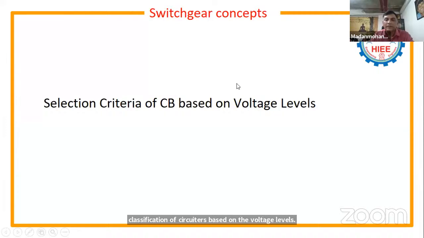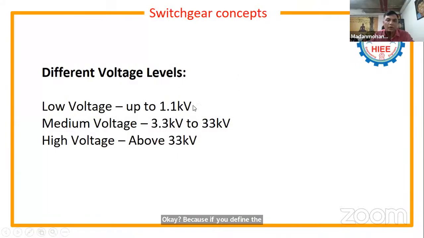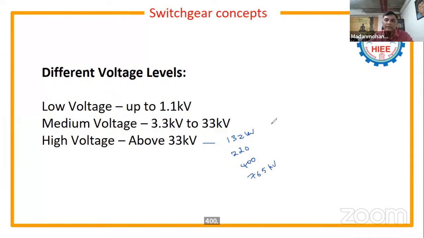If you define the voltage levels, we have low voltage, medium voltage, and high voltage circuit breakers. Up to 1.1 kV we call it low voltage, 3.3 kV to 33 kV we consider as medium voltage, and above 33 kV, generally 132 kV, 220, 400 and 765 kV, we call transmission voltages.